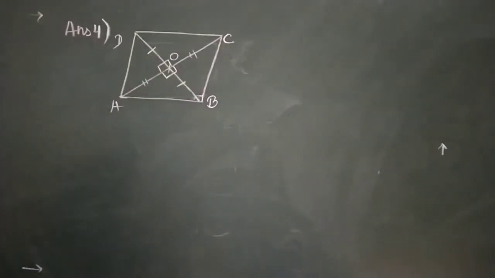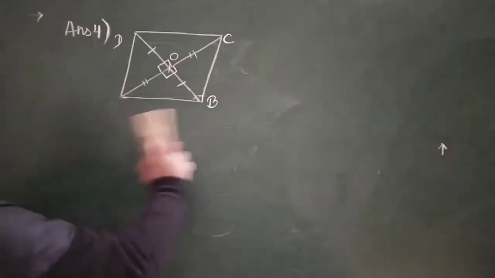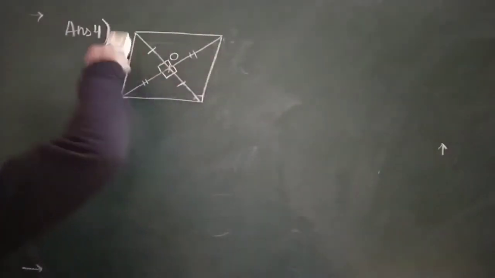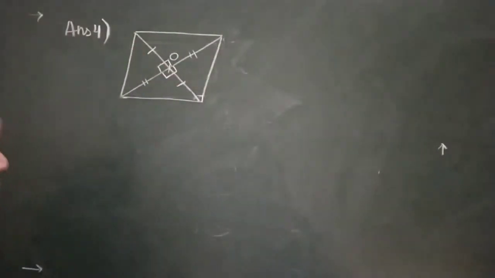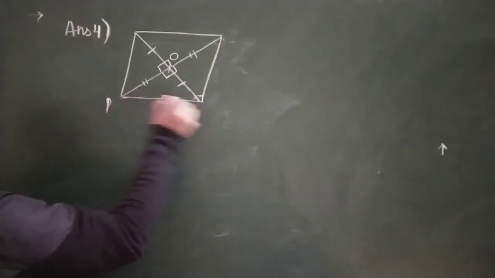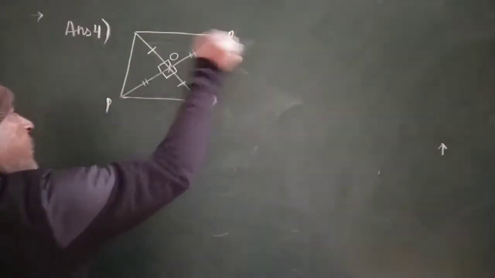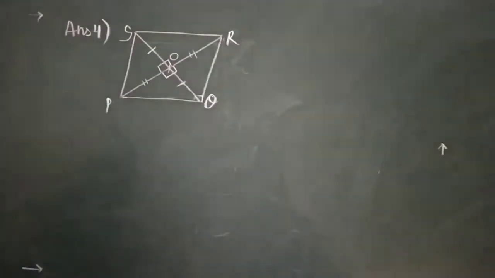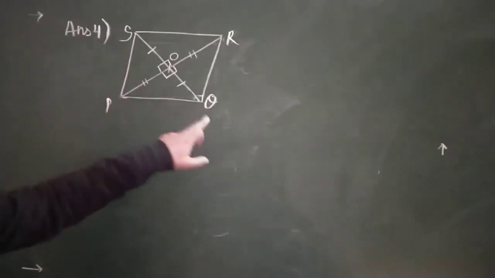Okay. Now read question more. It is saying if PQ equal to 10 centimeter. Okay, PQRS is a rhombus. Its name is given to us. And if PQ is how much?